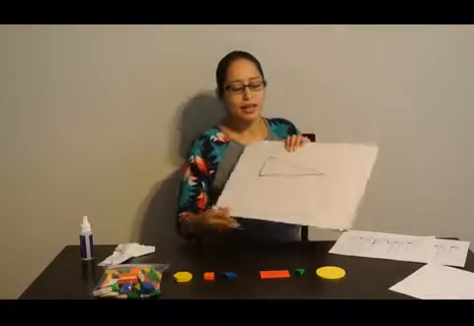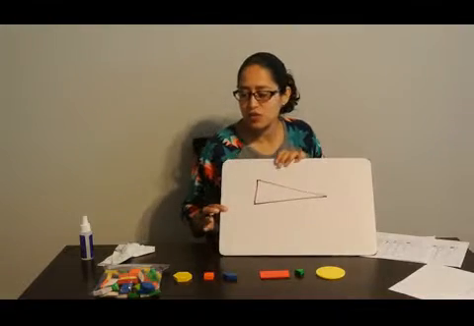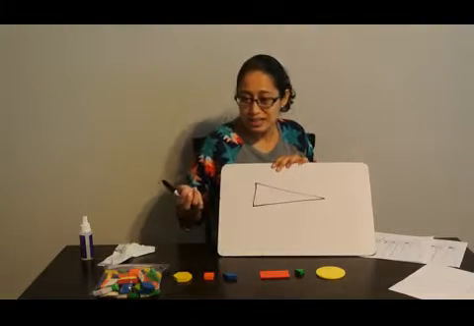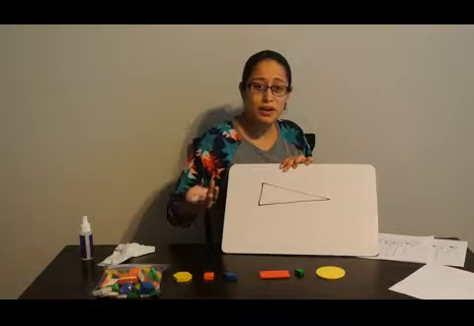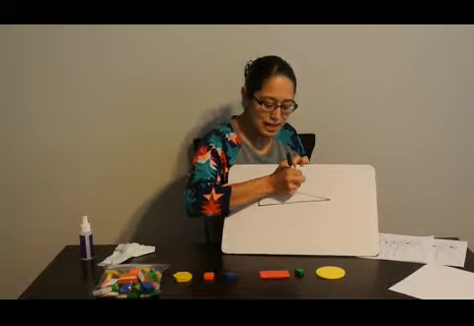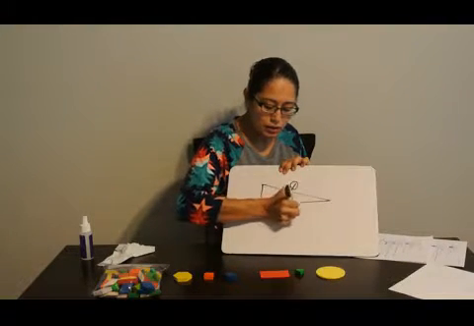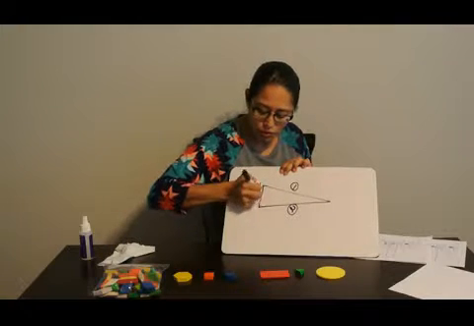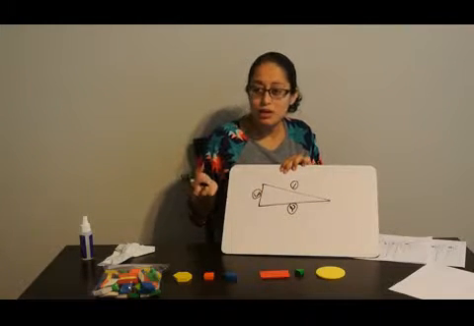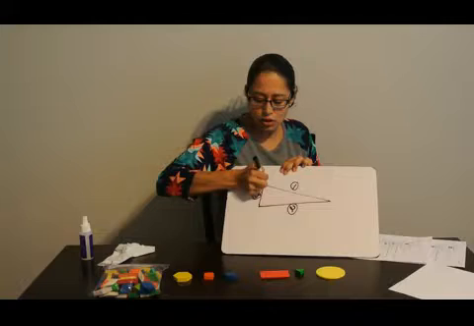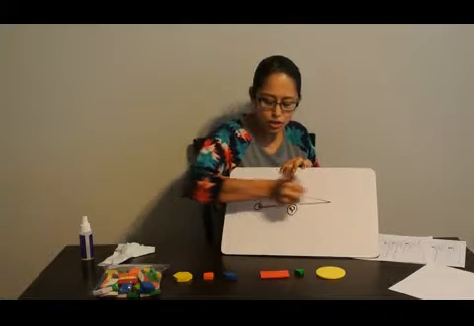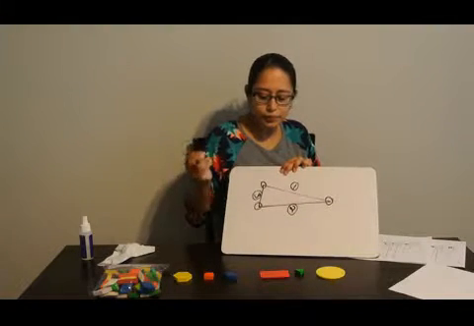Okay? Here I have an irregular triangle. Notice that it's considered a triangle. It's in the triangle family because it has 3 sides. 1, 2, 3. It also has 3 vertices. 1, 2, 3.